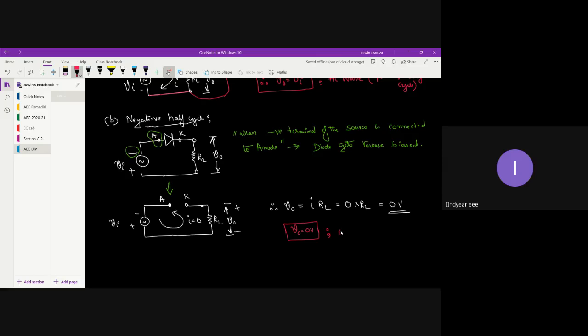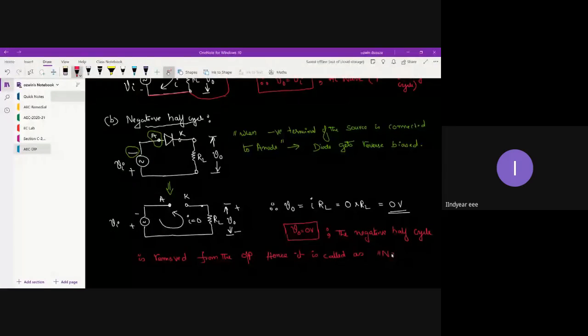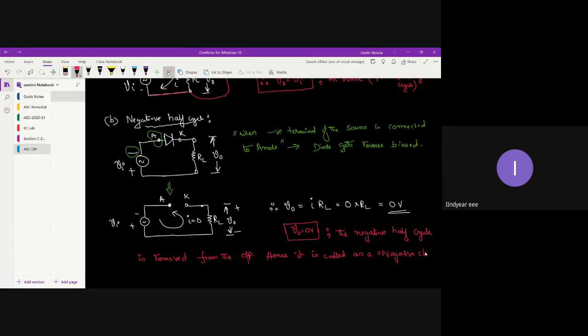So here I can write: negative half cycle is removed from the output. Hence it is called a negative clipper. Getting the point? Hence it is called a negative clipper because the negative half wave is missing.